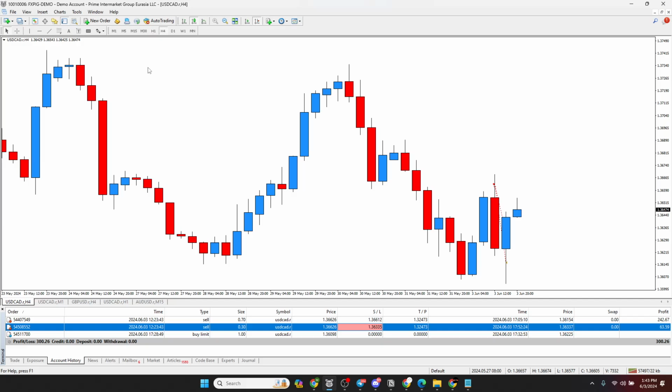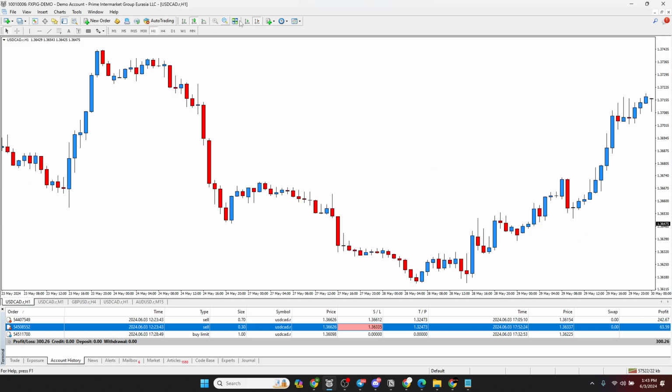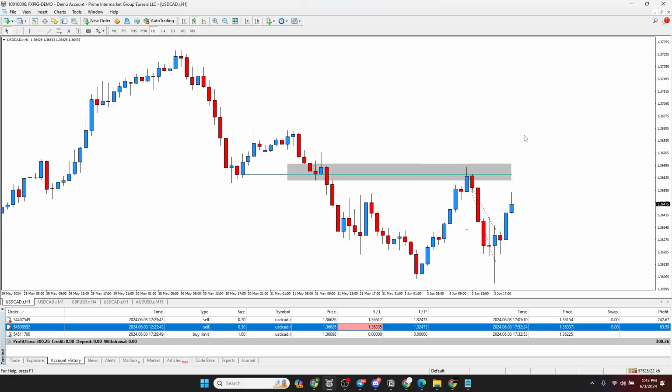As I said, we had that order block right here on a 4 hour chart with a fair value gap. So then going down to the 1 hour, as I said, the stop loss went above this old high.